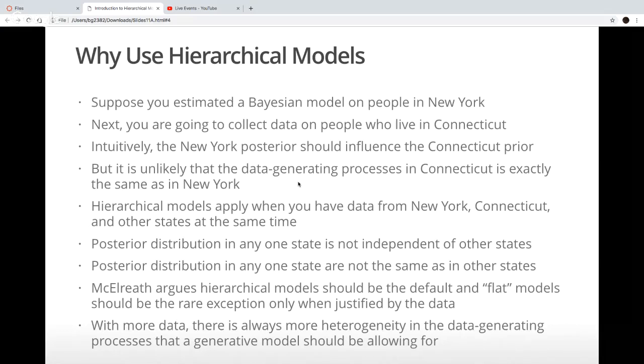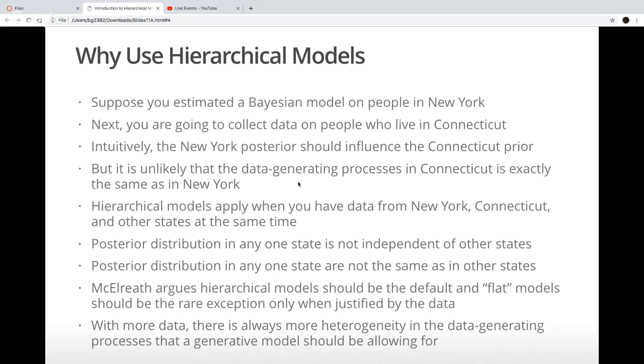Indeed, you can estimate the degree to which the data generating process differs from one state to the next. Estimate how much heterogeneity there is in the data generating process when you get all the data at the same time if you use a hierarchical model.